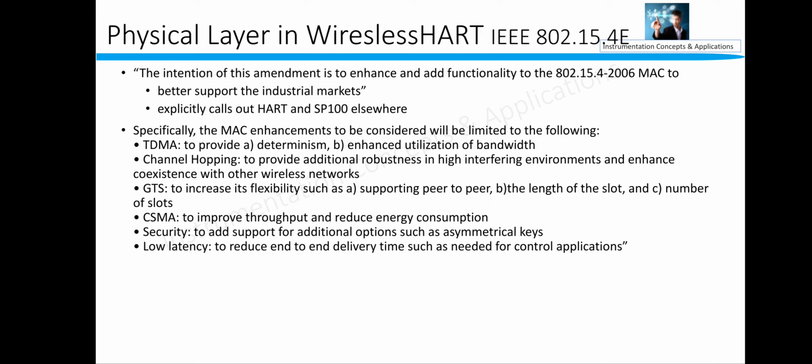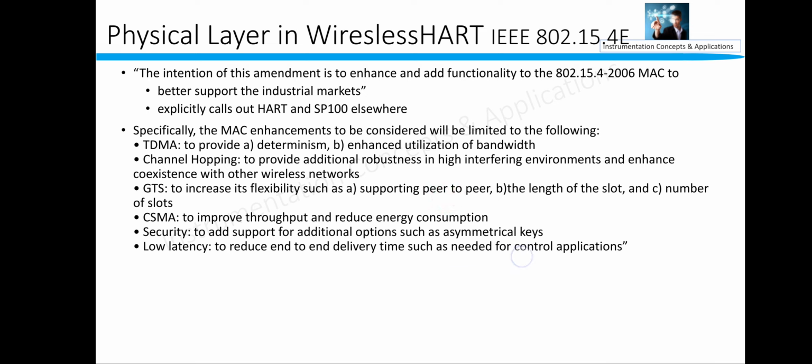So the physical layer in wireless IEEE: the intention of the amendment is to enhance and add functionality to the 802.15.4-2006 MAC to better support industry markets, explicitly calling out HART and SP100.